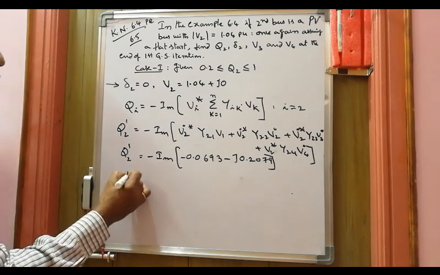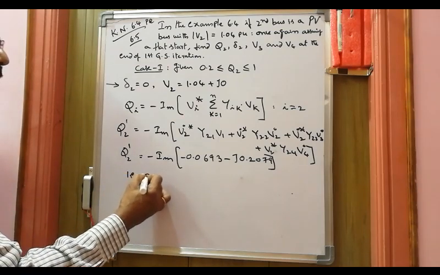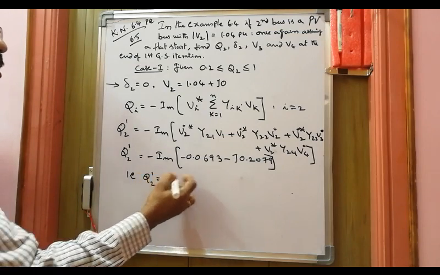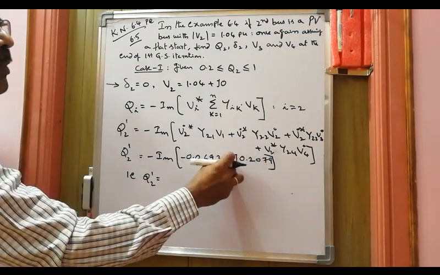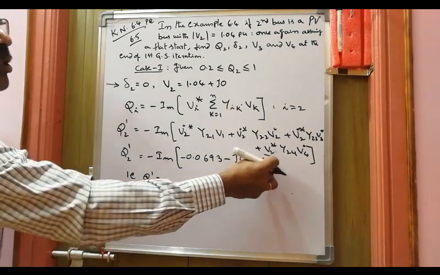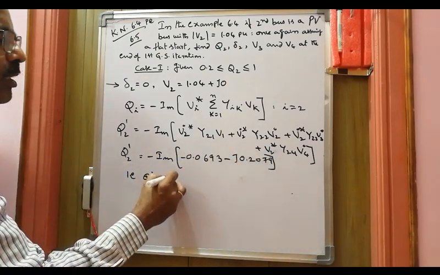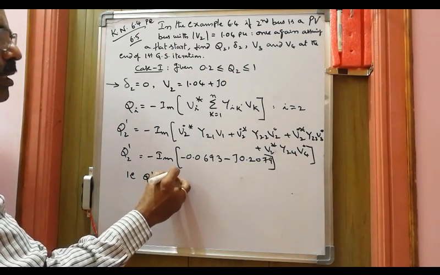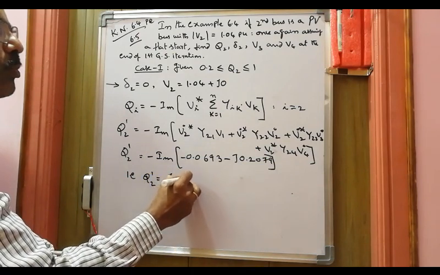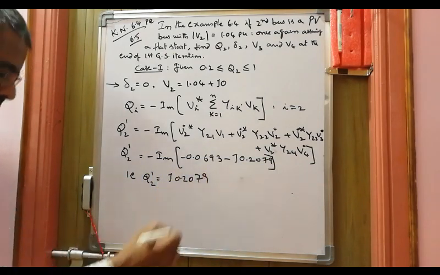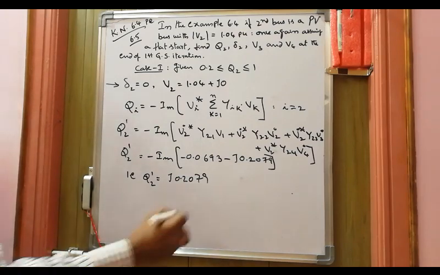That means the imaginary part is minus 0.2079, and minus imaginary of this, so Q2 is 0.2079 per unit.